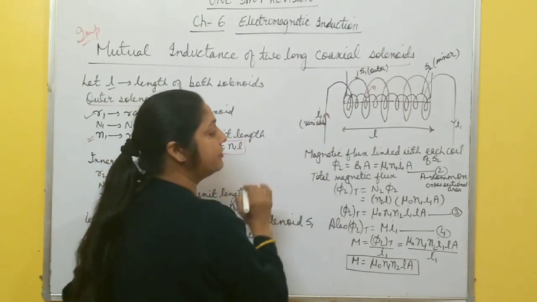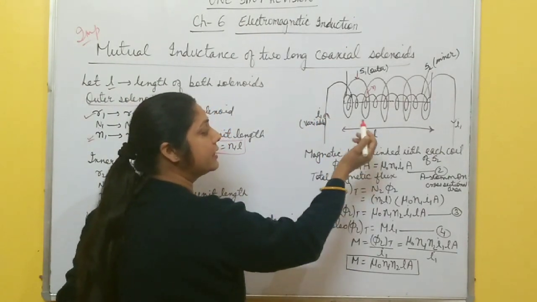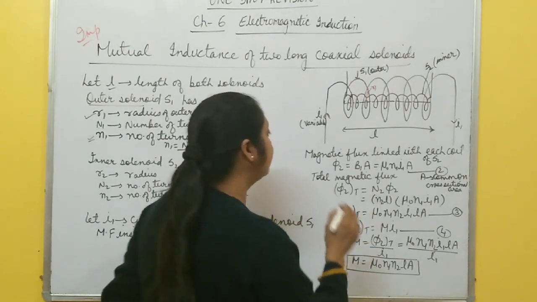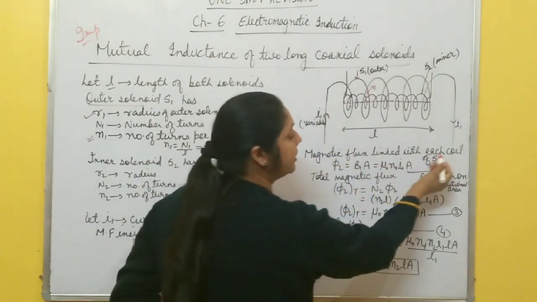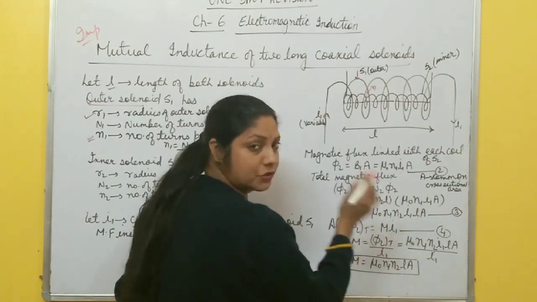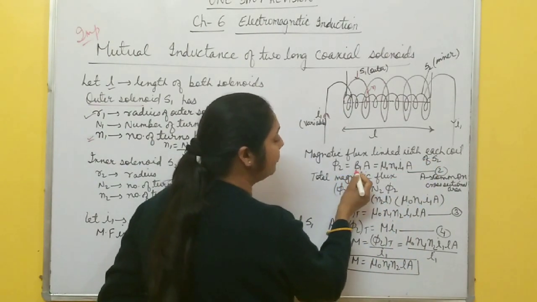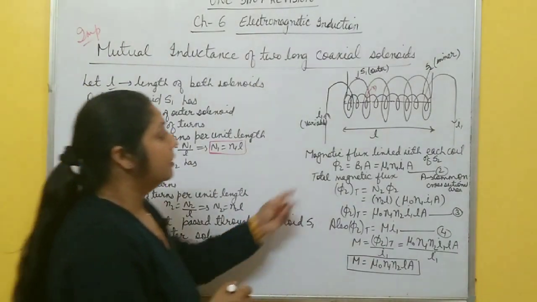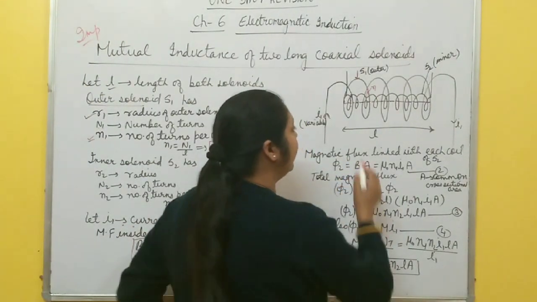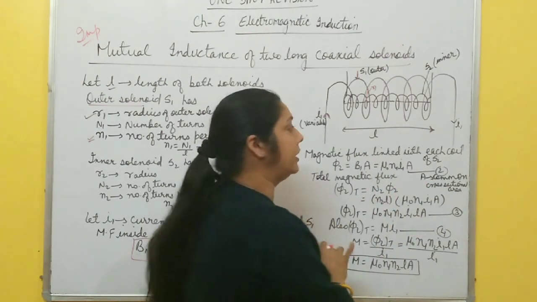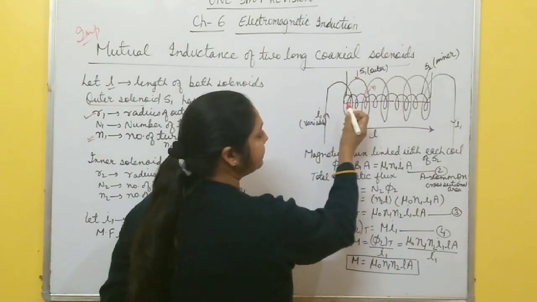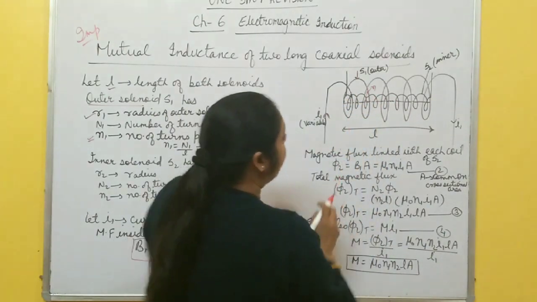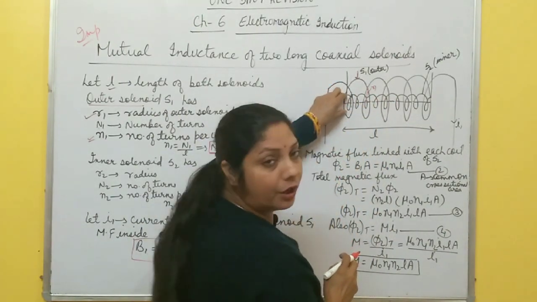And if this current is variable, then the magnetic flux linked with each inner coil also changes. So the magnetic flux linked with each coil of S2, the inner coil, is due to B1 only. So B1 into A. A is the common cross-sectional area, not A1, A2, because the region through which the magnetic field lines pass has the same cross-sectional area for both outer and inner.